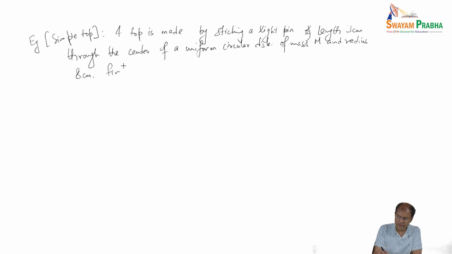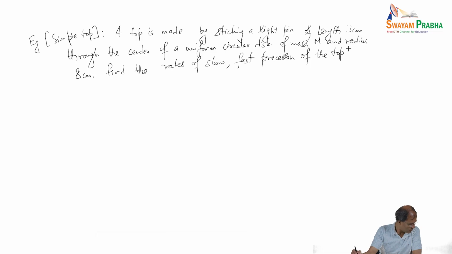Find the rates of slow and fast precession of the top when it is given a spin of 10 rev per second.